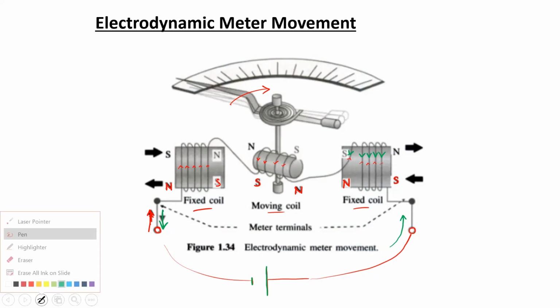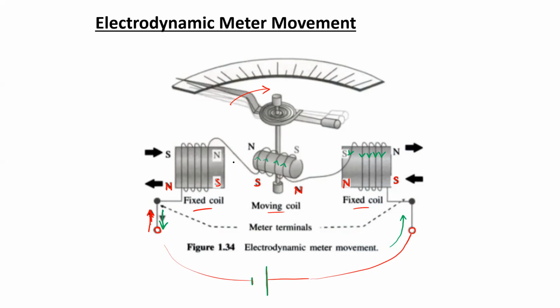okay, let me remove the previous arrowheads. And in the fixed coil, the current direction would be downwards. In the moving coil, as the winding pattern is reversed, the current direction will be in the upwards direction.